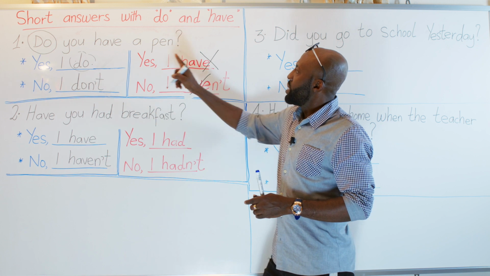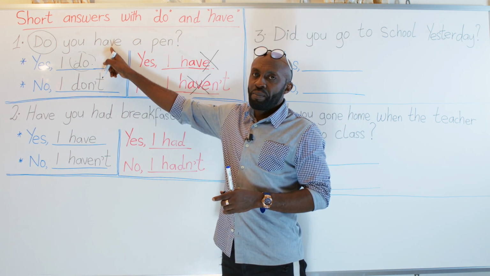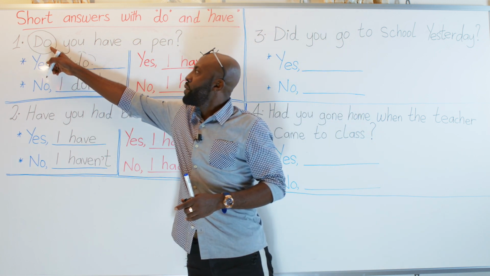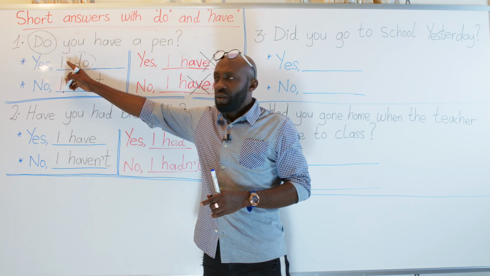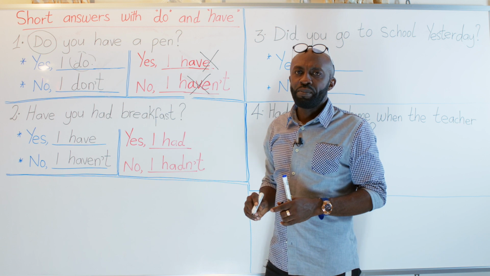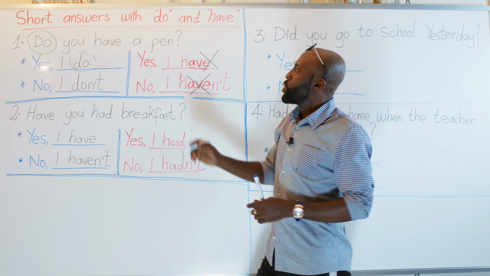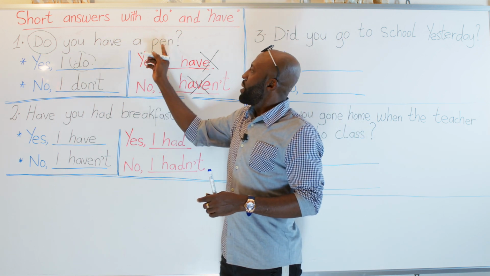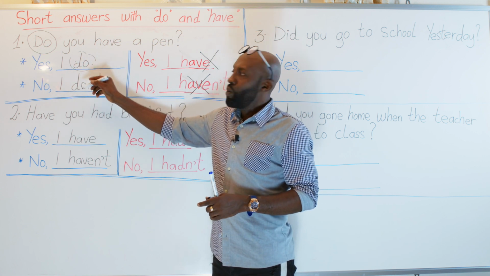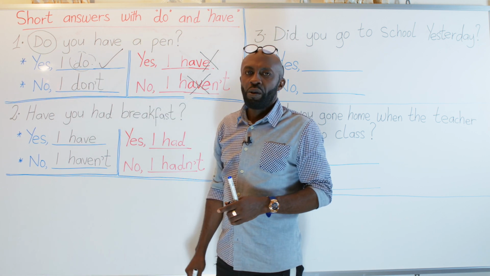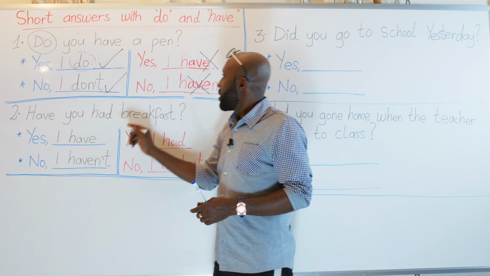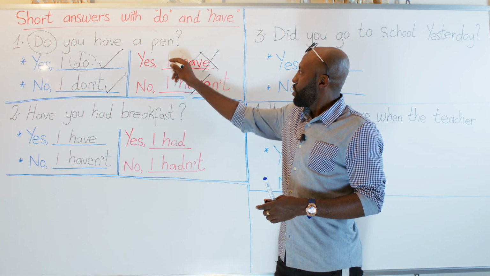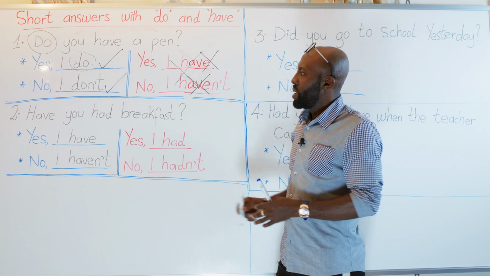You don't pay attention to the main verb. You pay attention to the auxiliary verb and you respond with the auxiliary verb. So, do you have a pen? Yes, I do. Correct. Or, no, I don't. Correct. This is wrong.